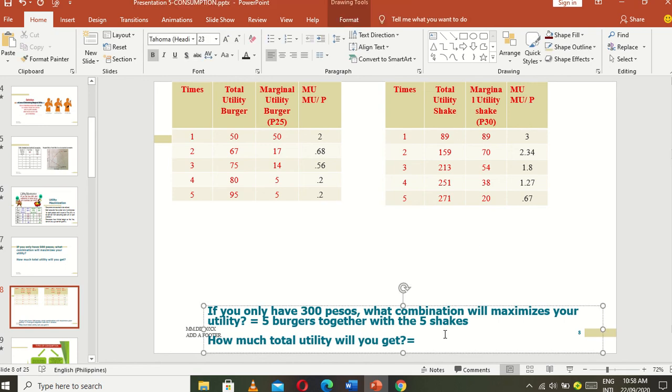Now, how much total utility will you get? When we say total utility, the keyword there is util. When we say util, that's the measurement of how satisfied you are.